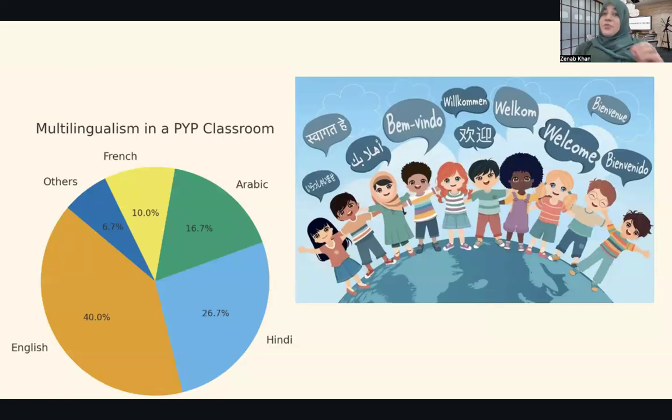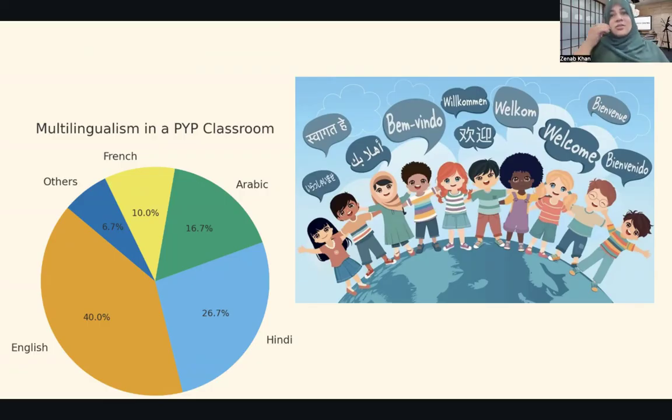This is where differentiation becomes critical. If as educators, we design learning only for the 40% English group, we risk leaving behind the other 60%. But if we consciously weave in translanguaging strategies, visuals, peer collaborations, and scaffolded vocabulary, we are not just teaching content, we are validating identities and empowering learners.